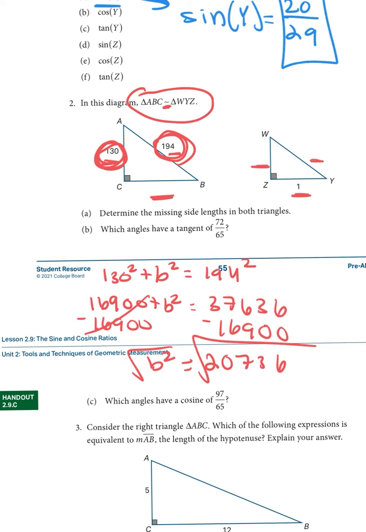Take the square root of that, 2736. I get that b is equal to 144. So this right here is equal to 144.